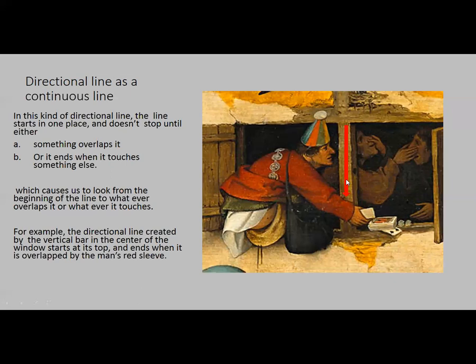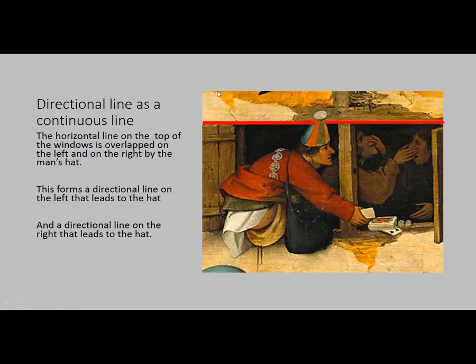What are these guys doing? So this is another example of a directional line as a continuous line. There's a horizontal line on the top of the windows, and on the left it starts here at the top of the shutter, runs across until it comes to this guy's crazy hat.